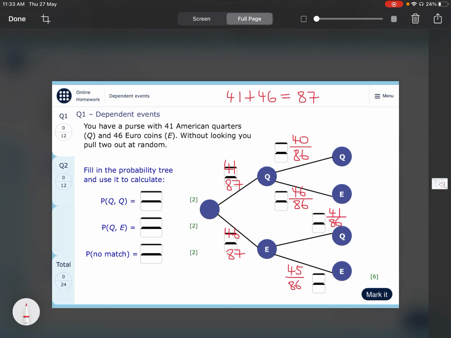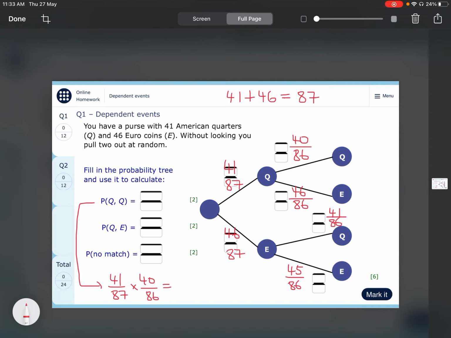So if I want to work out the probability of QQ, then that's going to be 41 over 87 multiplied by 40 over 86.